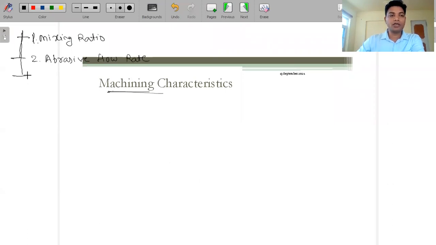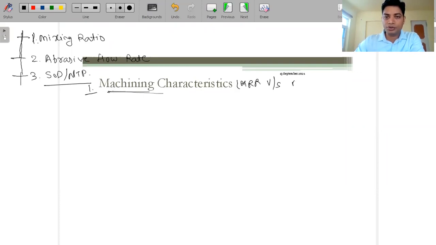Third, we'll discuss the standoff distance, or nozzle tip distance, we can say, NTD. This we are going to discuss first, then we'll discuss the numerical problems. Okay, guys.